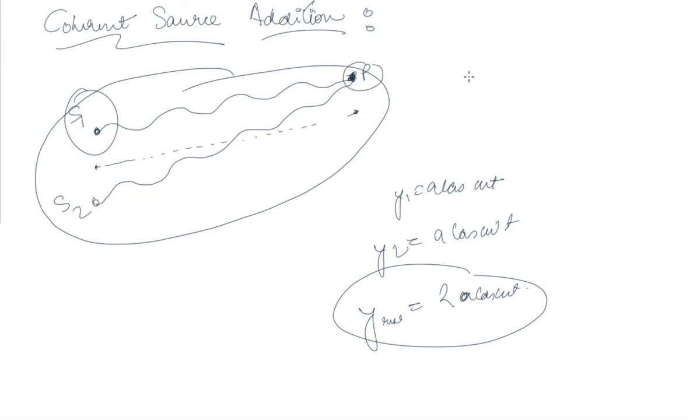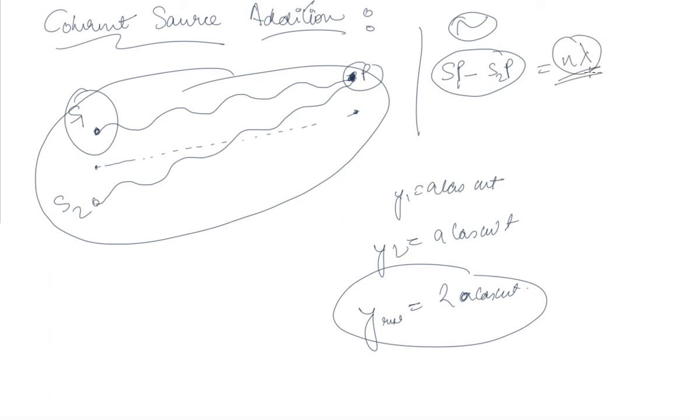So what we can assume is S1P minus S2P. If you consider this S1P minus S2P, if it has a difference of a complete wavelength, that is, a multiple of a wavelength, say suppose n lambda, so if the net difference is a multiple of a wavelength, then what we say is it has interfered constructively.